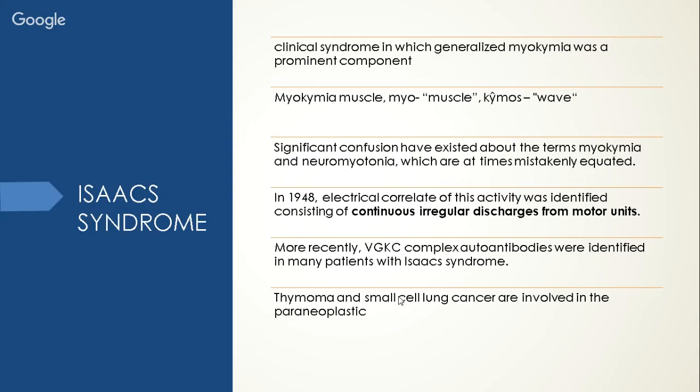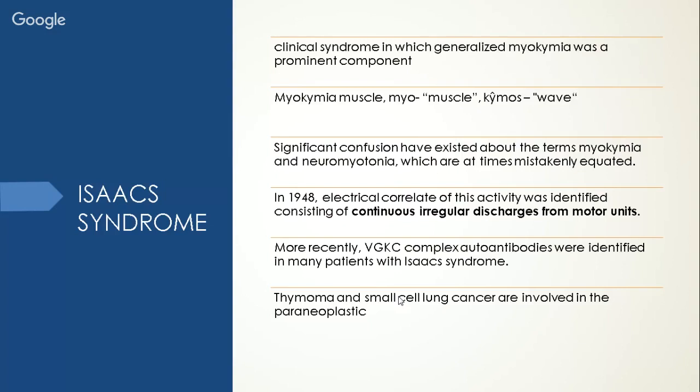Myokymia was first identified in about 1902, first seen in facial myokymia. Then they found it can still be seen in the general body. And then they identified the neuromyotonia.